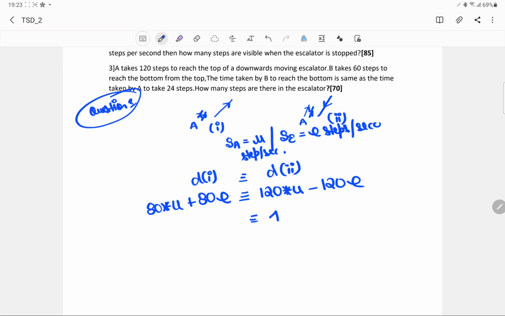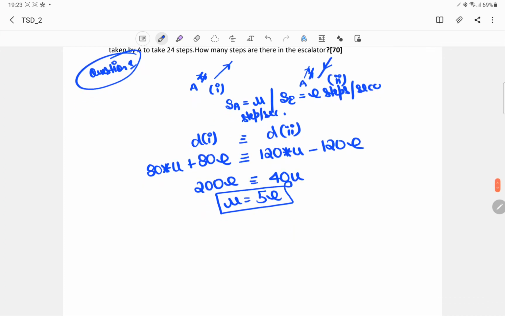So 40u equals 200e, so u equals 5e. Now the entire length would be 120u minus 120 into e, and e is u by 5, so 120 into u by 5 is 24u. So this is 96u.